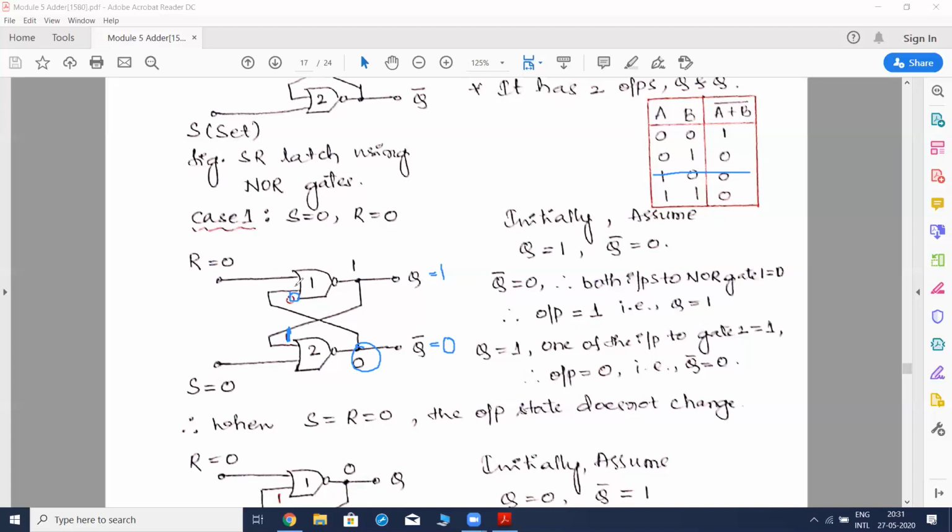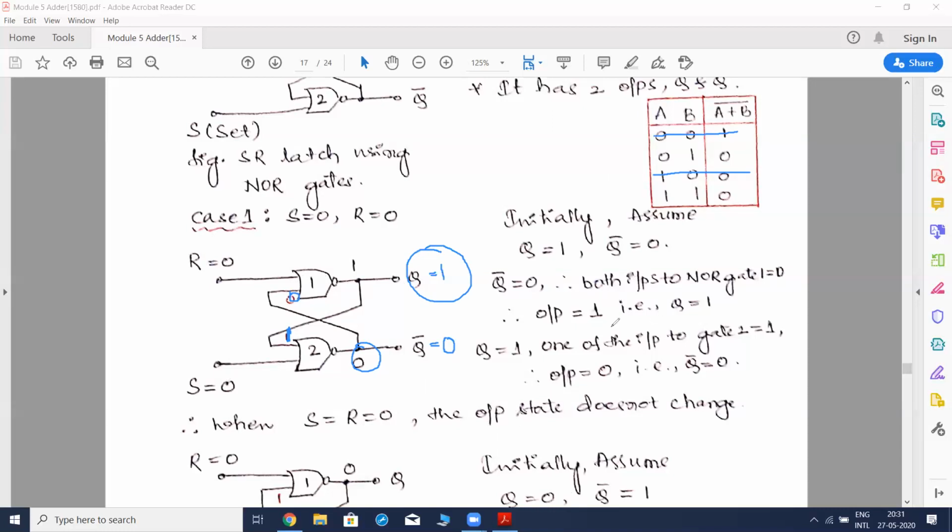That 0 goes as input to NOR gate 1. So when both the inputs are 0, what is the output that we are going to get? We need to look at this particular combination. So we have got Q equal to 1. That means when S and R both are equal to zeros, the output state won't change.